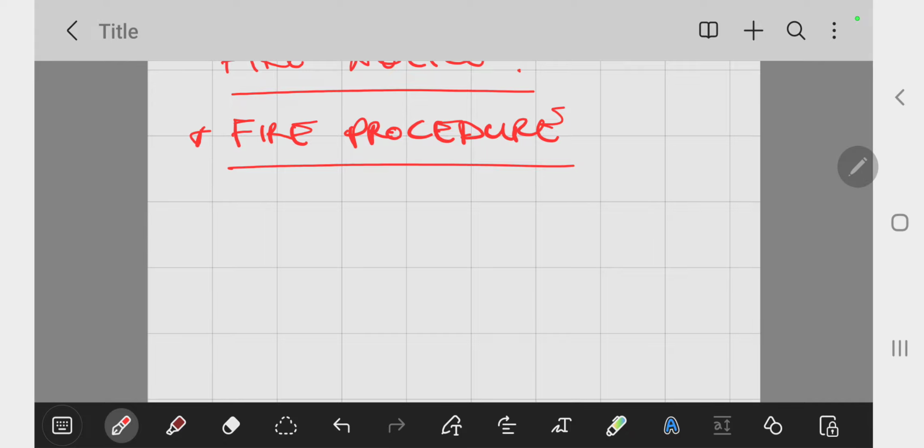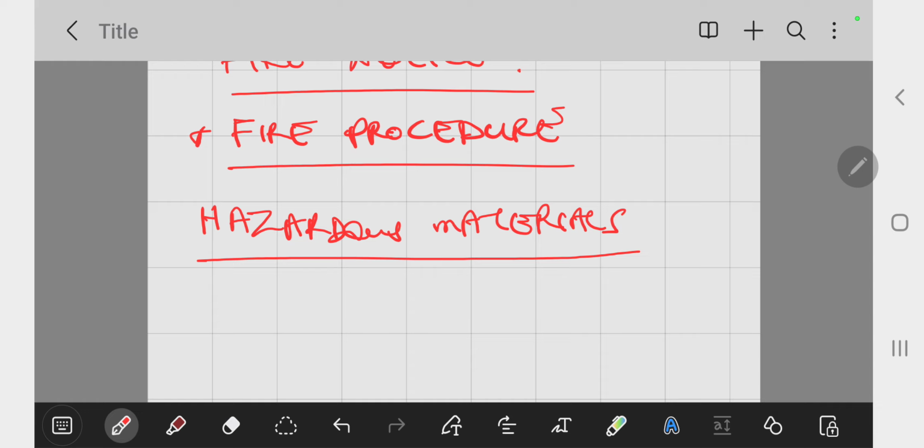Now let's move on to hazardous materials. Yeah, so there are quite a number of hazardous materials in the workshop.